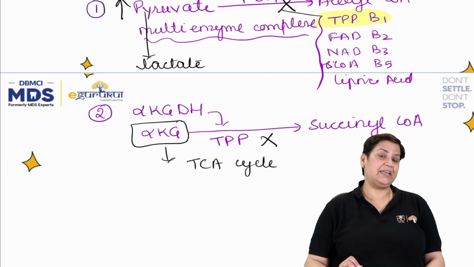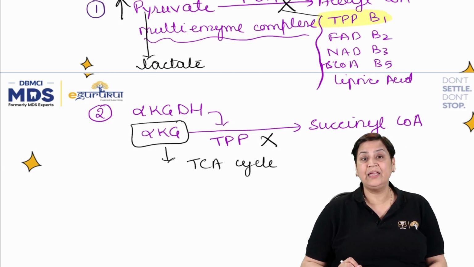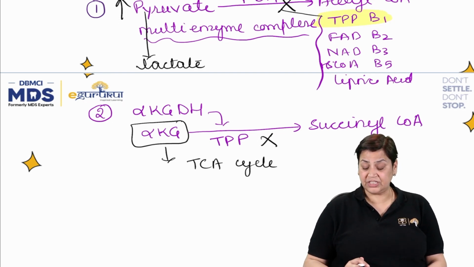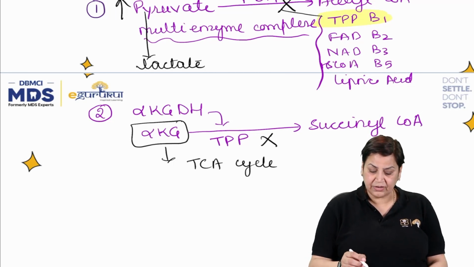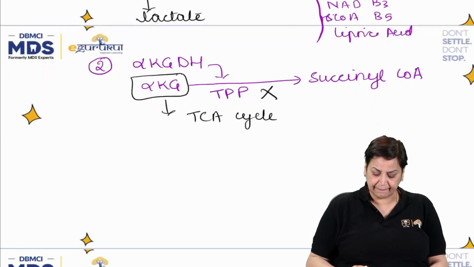That is why we say deficiency of B1 leads mainly to neurological manifestations. It basically affects the brain because the TCA cycle is affected.